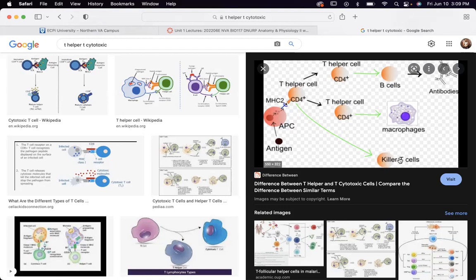T killer, also known as T cytotoxic cell or CD8 cells, they're going to come and kill that thing. And also, the T helper cell is also going to call out to the B cells. And we already know B cells are the memory cells, and they have antibodies that are specific. So that's what antigen presenting is.